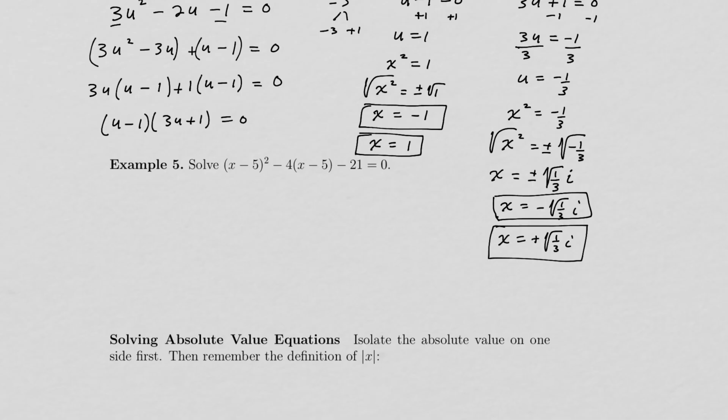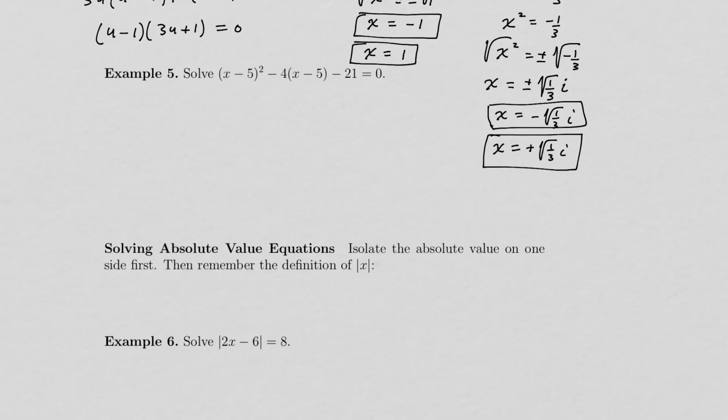Okay, what about the next example, example 5? Well, one way of solving this one is you could expand this out, right? Remember this squared means x minus 5 times x minus 5. I could FOIL that out. I could distribute into negative 4, and then combine like terms, and I would just have a quadratic equation here, right? And I could solve it.